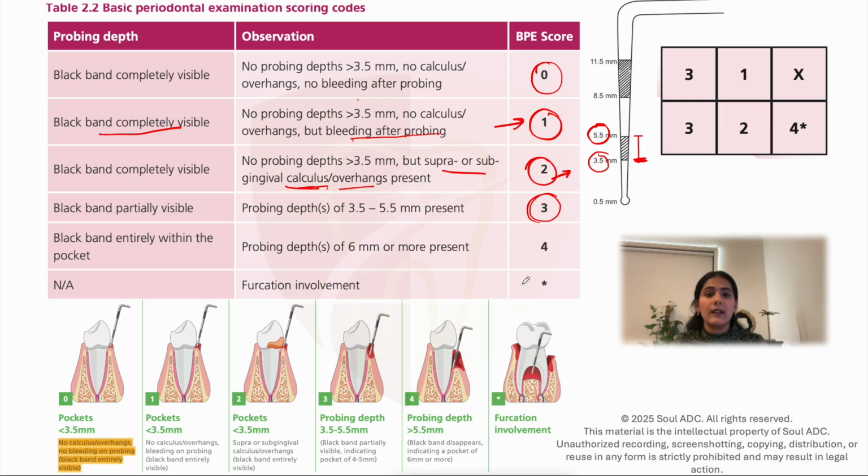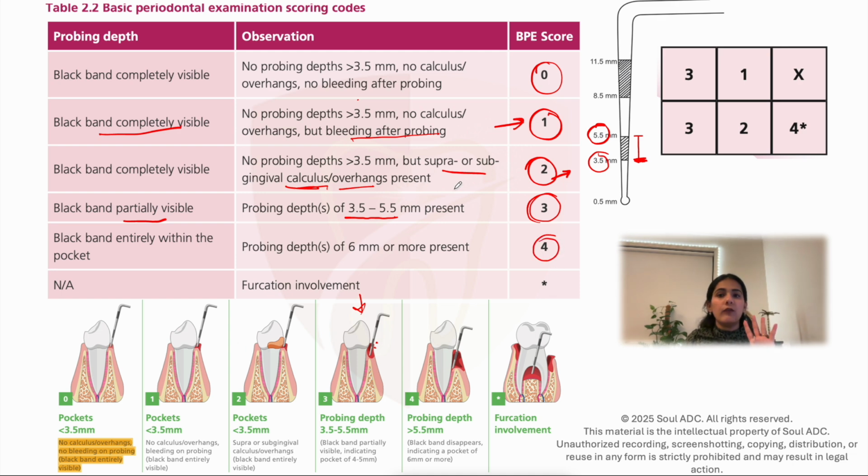We need to understand what exactly is happening. Okay. So probing depth 3.5 to 5.5. That means your black band is partially visible. If you see where your marking is, it is partially inside and partially outside.